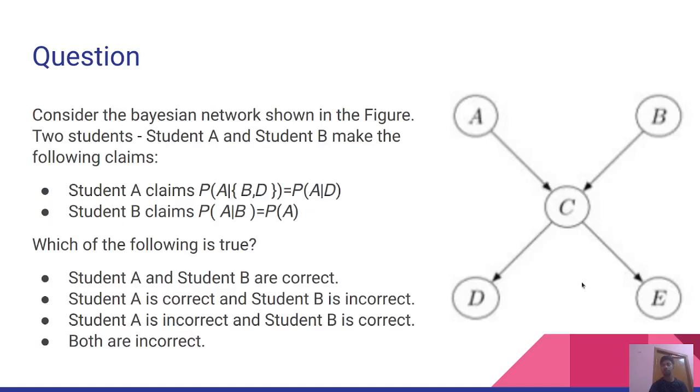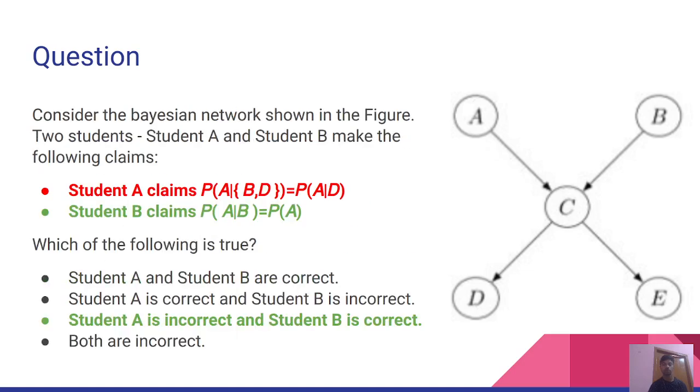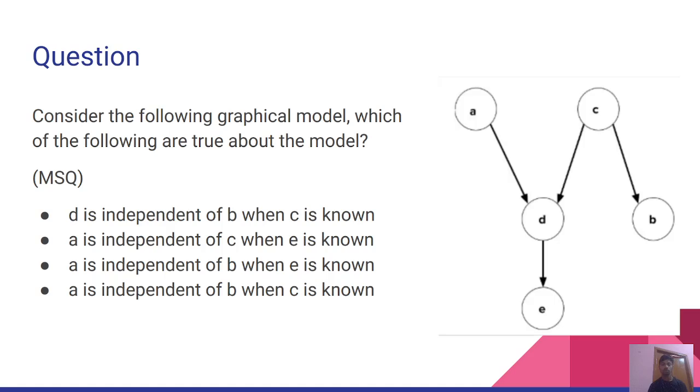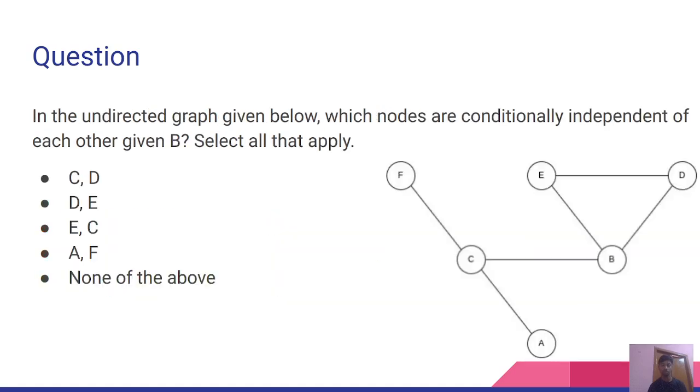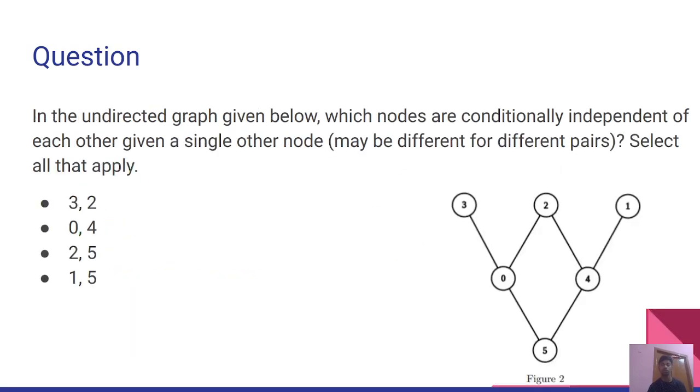This one was for an undirected graph, with similar types of questions. Then this one was which node we need to know, so that by blocking only one node, some of the nodes become independent.